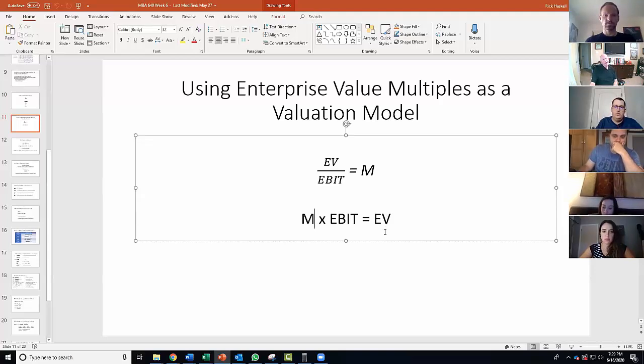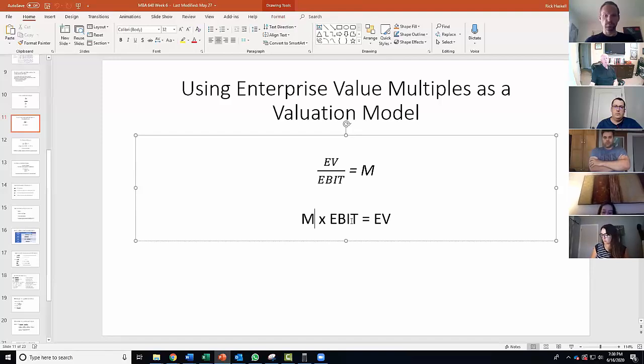Kind of sounds like we're creating another continuing value, doesn't it? Only this time we're not using the Gordon growth model. And we can apply this form, the multiple times whatever cash flow variable, whether it's sales, EBITDA, free cash flow, EBIT, operating, whatever it is, you can use that in place of a continuing value. It's not a salvage value.